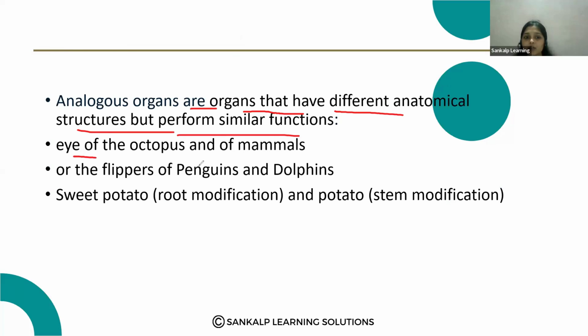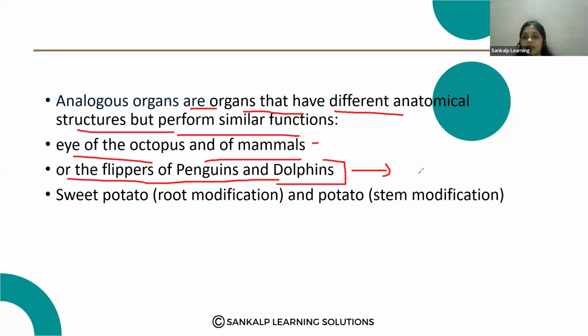For example, the eye of the octopus and the eye of mammals do the same function, that is vision, but their origin is different. Or the flippers of penguins and dolphins. Both perform the same functions but their origin is different.